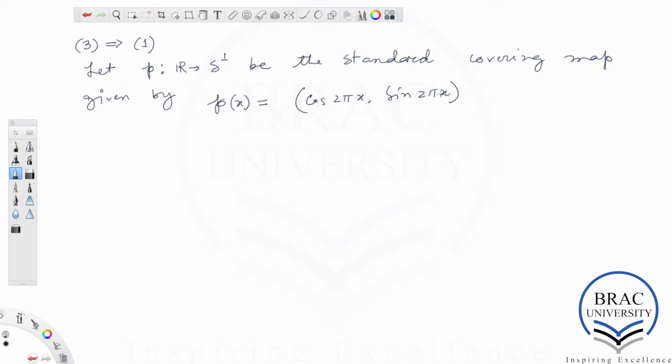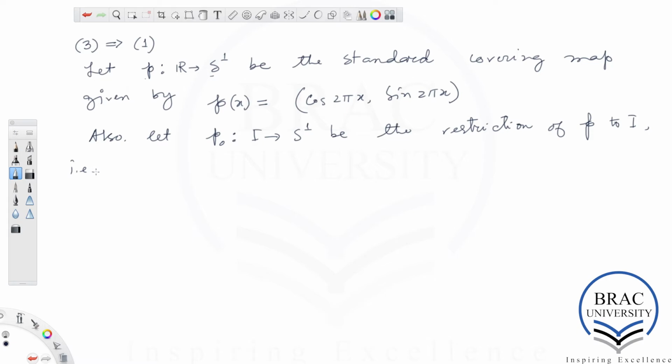It's going to be a long one. So this is the standard covering map. Also let P0 from I to S1 be the restriction of this covering map P to the unit interval.